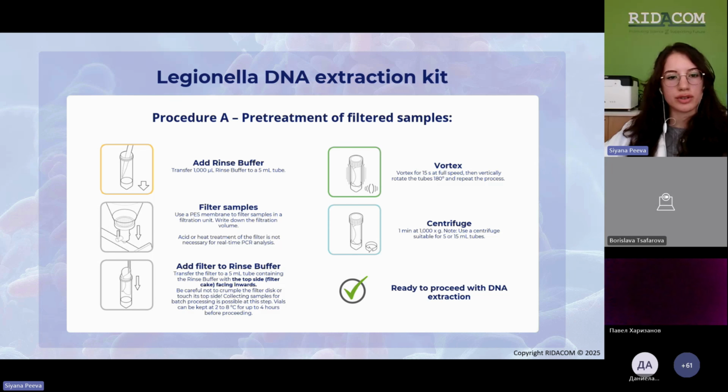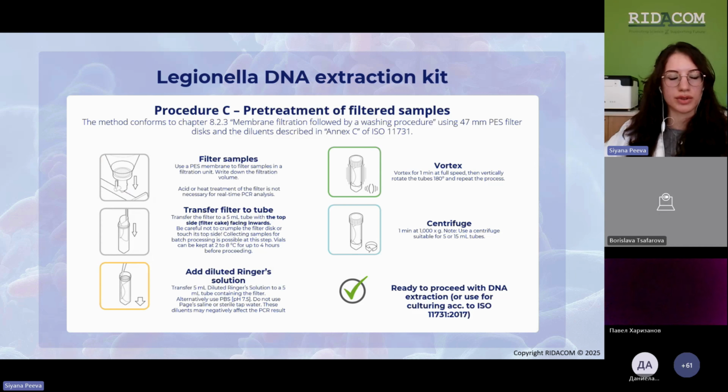Then we perform filtration of our samples, and here the filters have to be 47 millimeters with a pore size of 0.2 micrometers, exactly for Legionella. So we filter the samples, then we add the filter with the top side on the inside, vortex and centrifuge, and then we're ready to proceed with the DNA extraction, because in the rinse buffer we already have the cells.